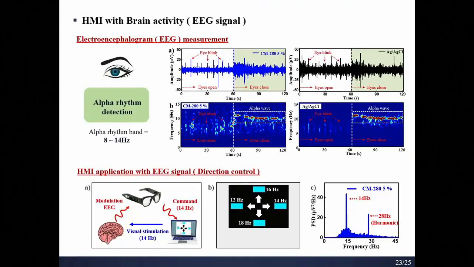Here shows the human-machine interface with brain activity. We also successfully measure brain activities such as alpha rhythms, and we apply these technologies to direction control. For the human-machine applications with EEG signals, we had a direction control.